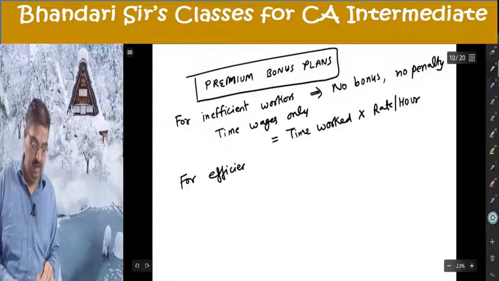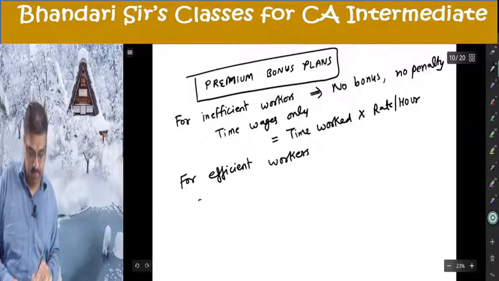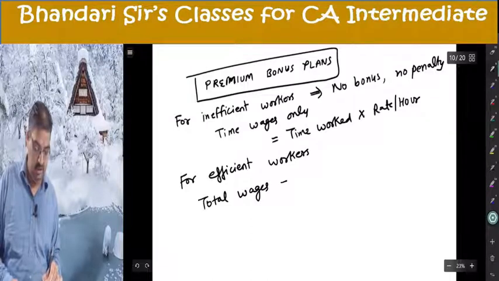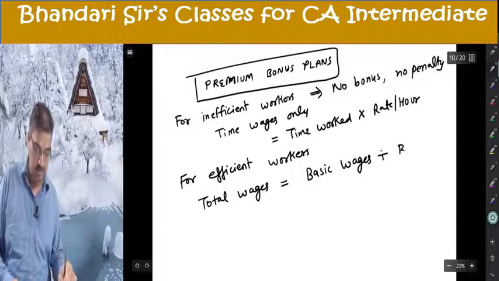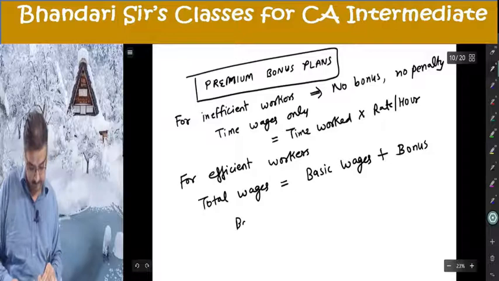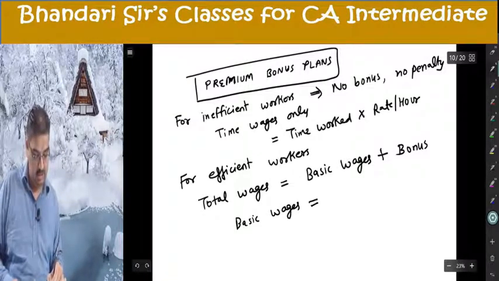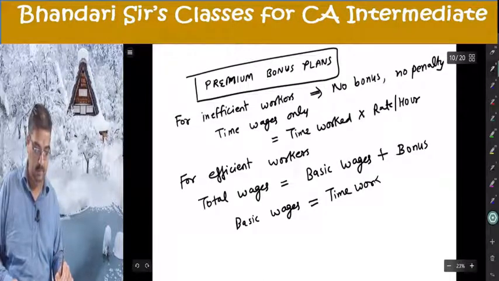For efficient workers, total wages is equal to basic wages plus bonus. Basic wages is again the same: time worked into rate per hour.